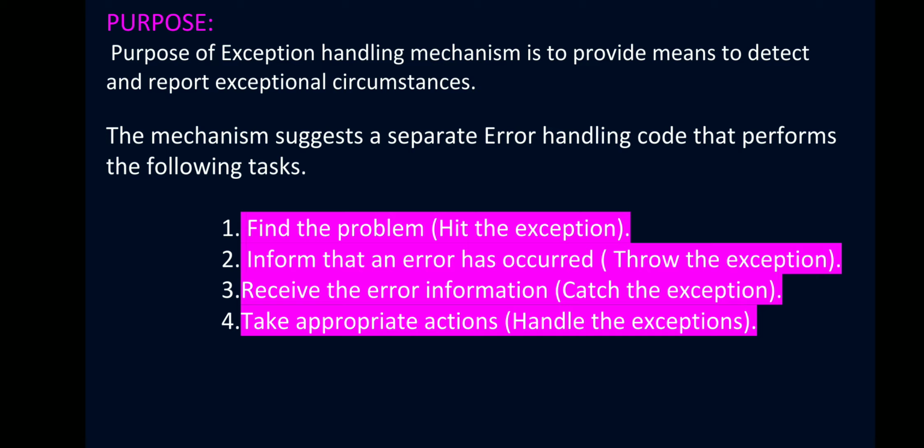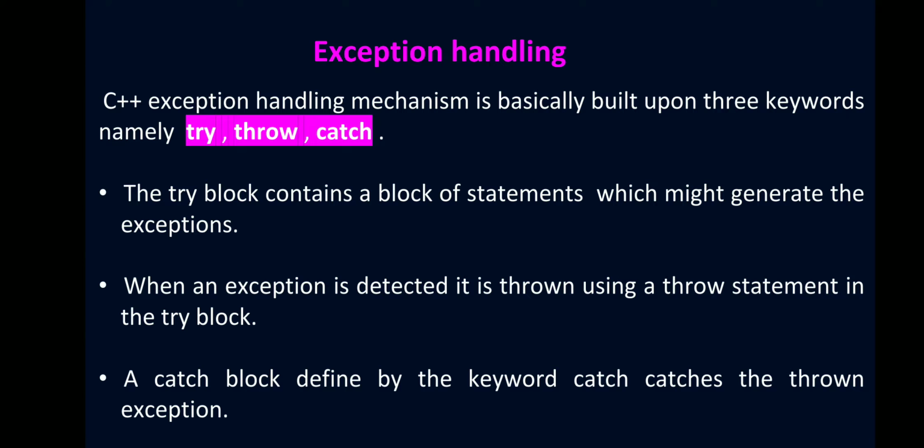This mechanism has 4 steps: find the exception, throw the exception, catch the exception, and handle the exception. All these 4 steps are done by using 3 keywords: try, catch, and throw.